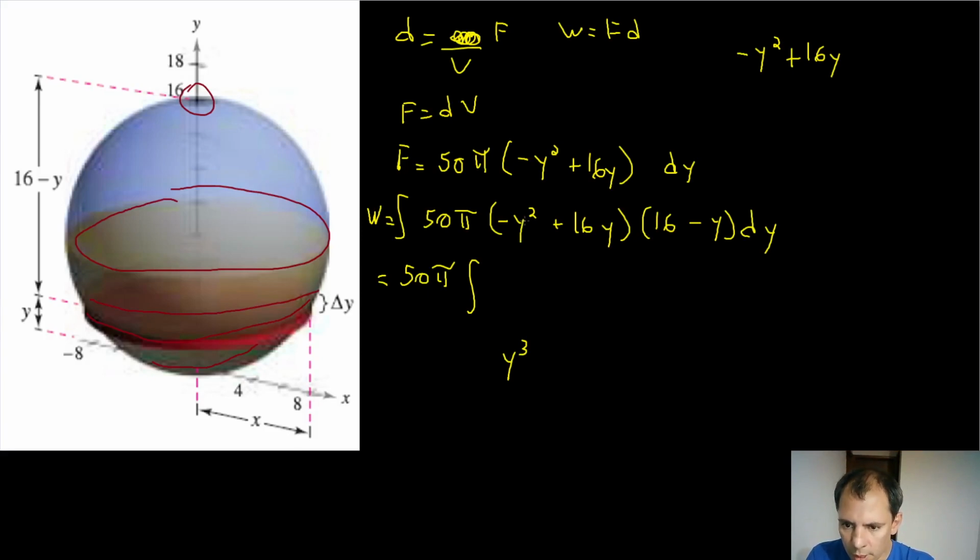In order to get a y squared, you have minus 16y squared minus 16y squared, so minus 32y squared. To get a y, no, you can't get a y, it's impossible. That's it.